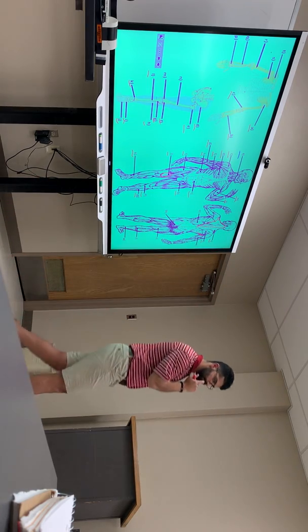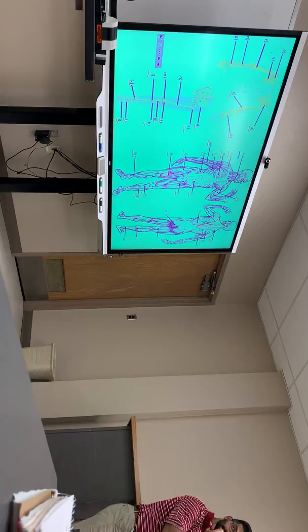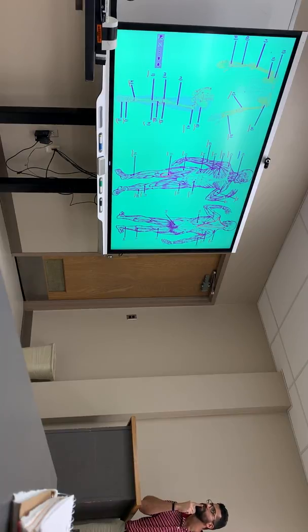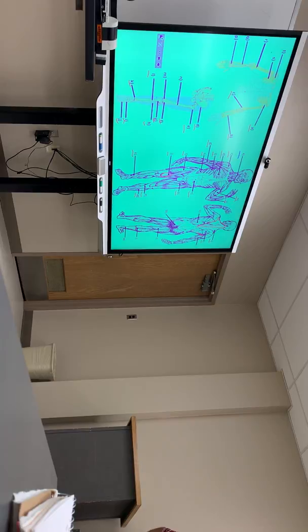What is Q? Ulna. Ulna. R? Humerus. What is S? Scapula. What is T? Coracoid process. Yeah, coracoid process.